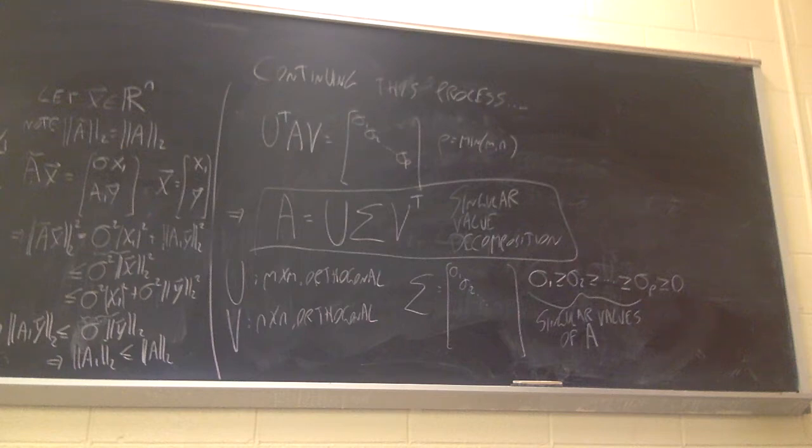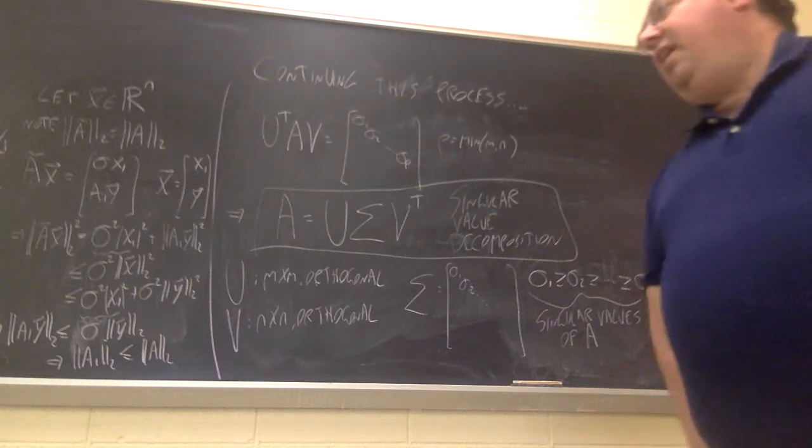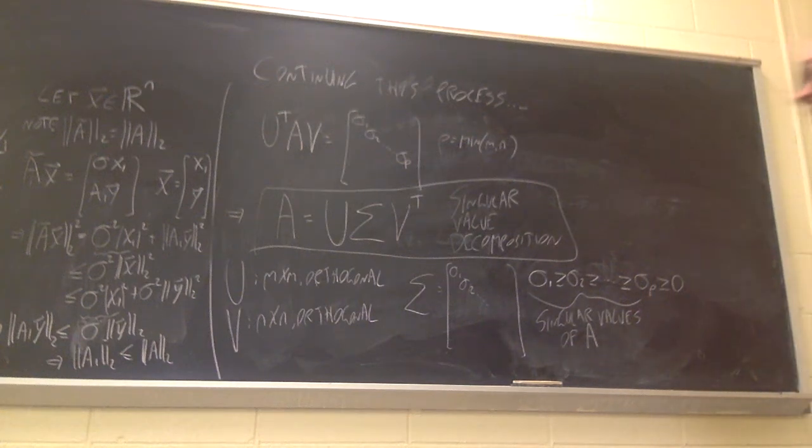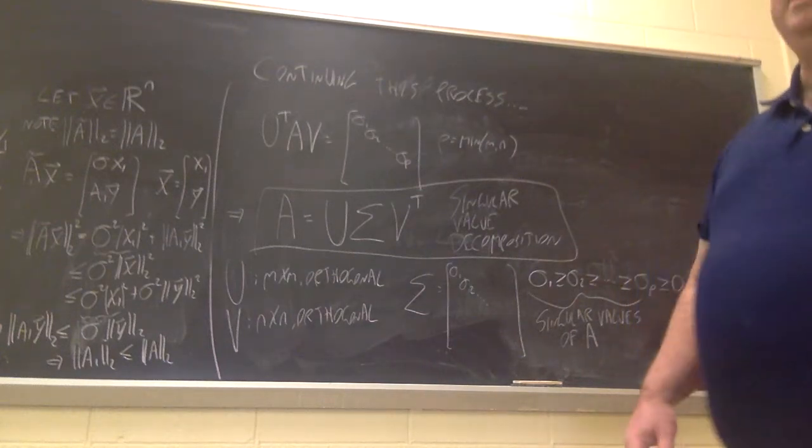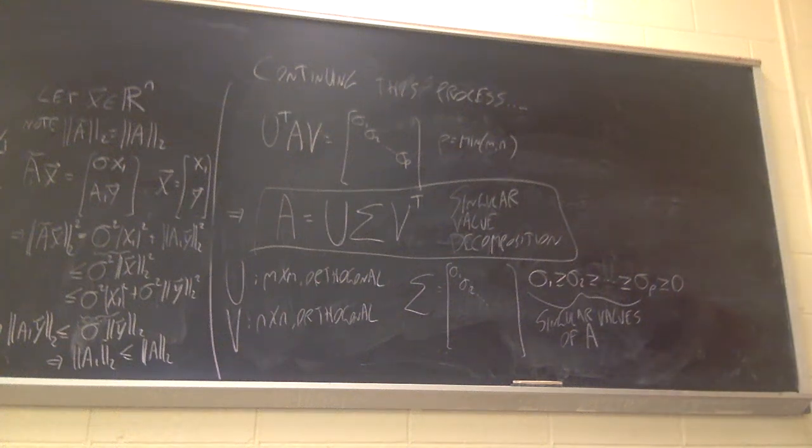Then if you multiply all those vectors by A, because all of those vectors, since they're orthonormal, are unit vectors, you can think of them as defining an n-dimensional sphere.